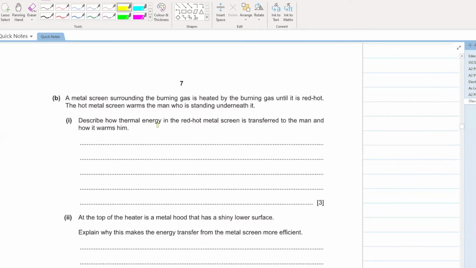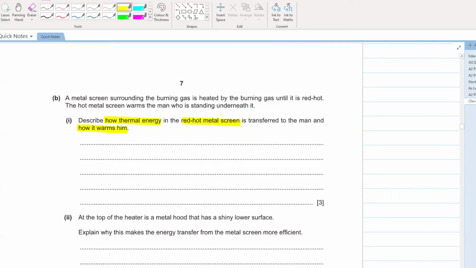Describe how thermal energy in the red hot metal screen is transferred to the man and how it warms him. So what will we say? Infrared radiations are emitted from the red hot metal screen. The infrared radiation travels to the man.